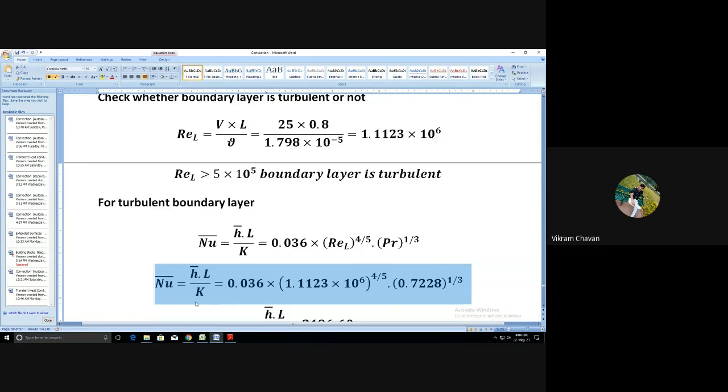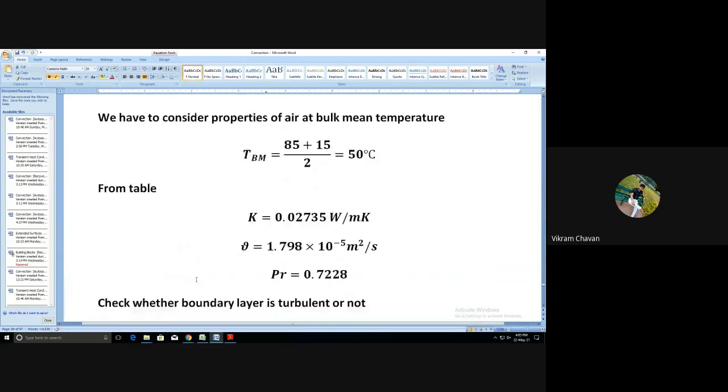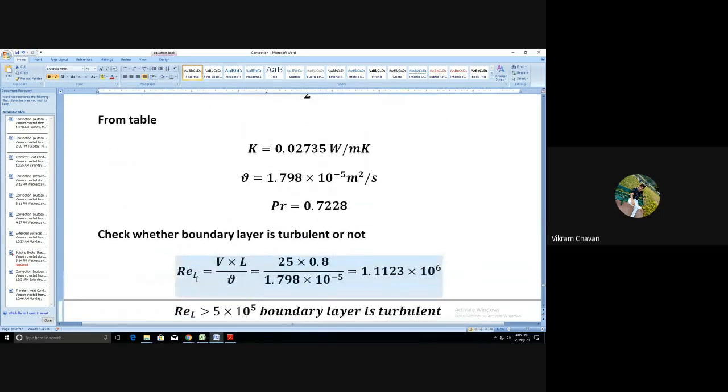Once you calculate this, we know the value of L and K, so transfer that value to the other side and find h bar. h bar is the average heat transfer coefficient. Okay, you can solve the problem, no issue. Calculate up to h bar.